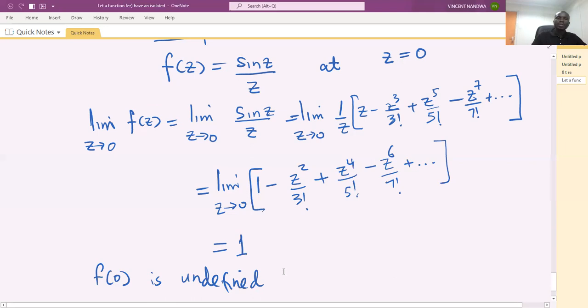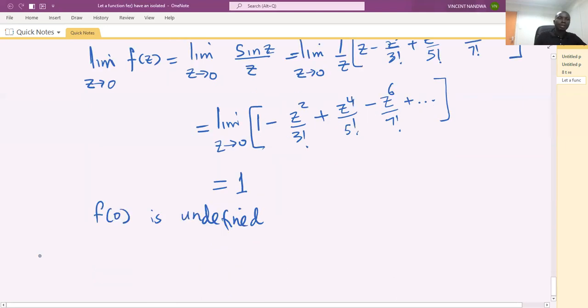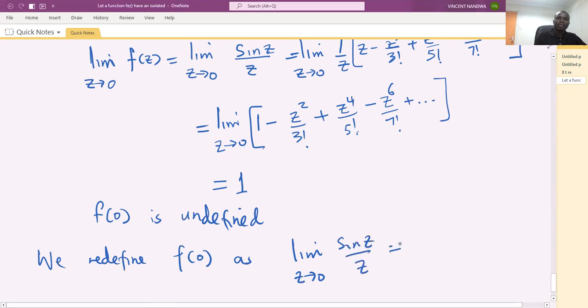But then since the limit exists, then we redefine f of 0 as limit as z approaches 0 of sine z over z, which is equals to 1, i.e. we let f of 0 to be 1.